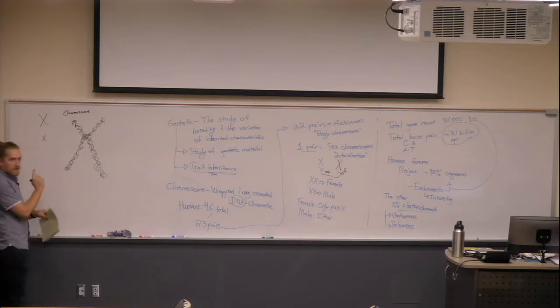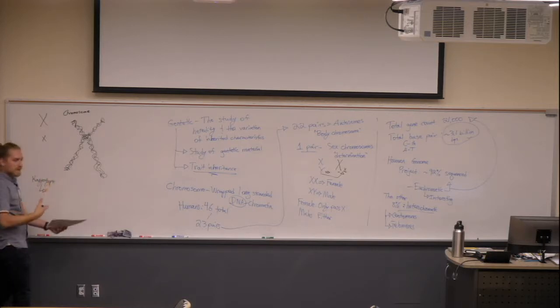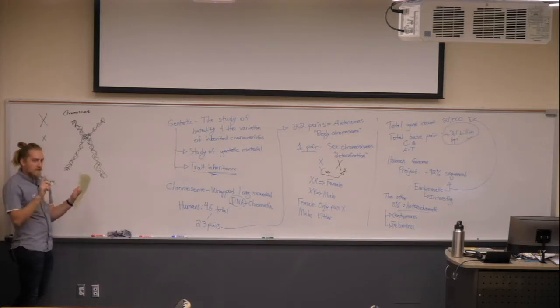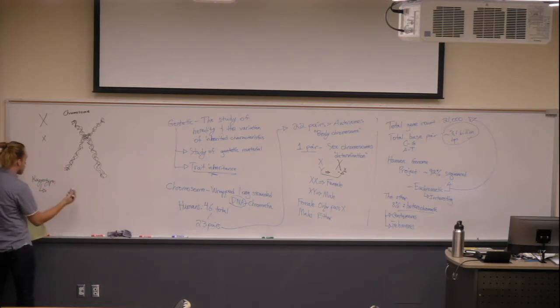The way that you are able to see what the chromosome shape is called a karyotype. Karyotype is like a physical snapshot of what the chromosomes actually look like.